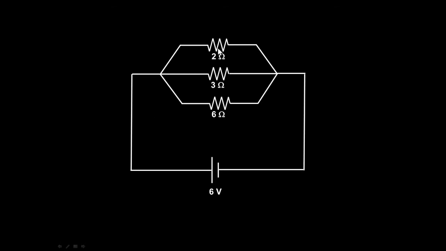Now let's look at 3 resistors in parallel with each other. And we'd like to measure how much current is there, and here. And we'd also like to measure the voltage here, there, and there. I hope we can already see that the voltage for this one, this one, and this one is going to be 6 volts.